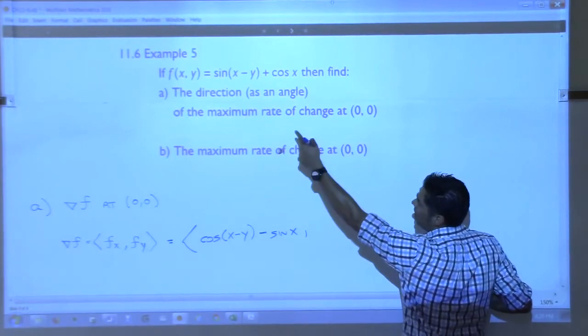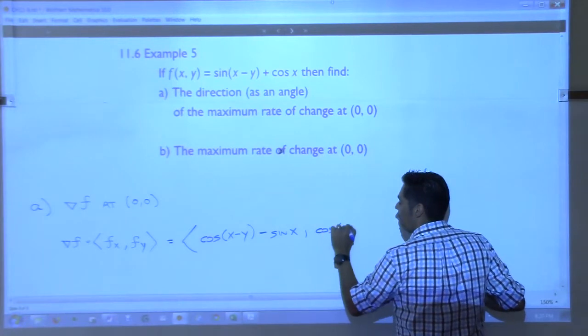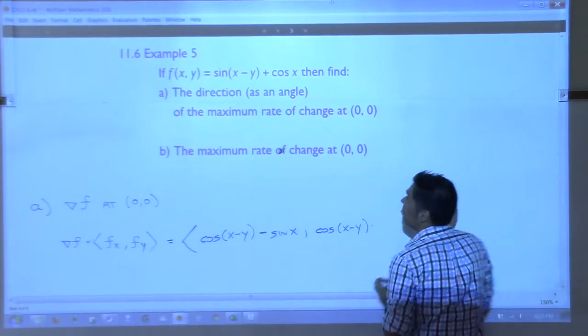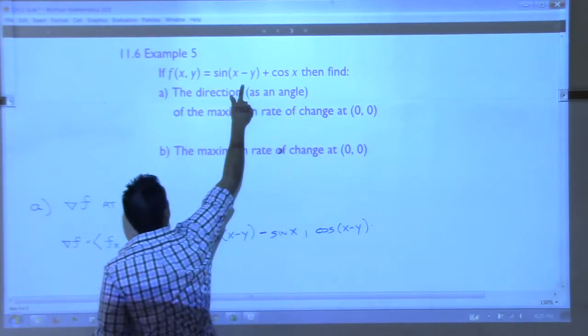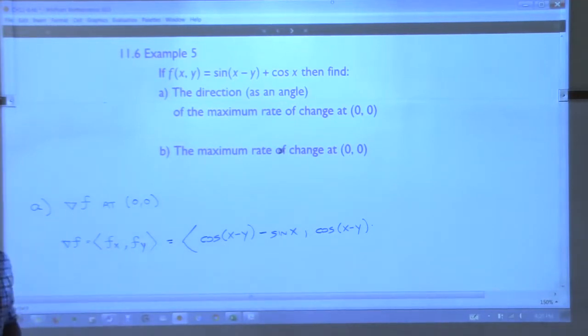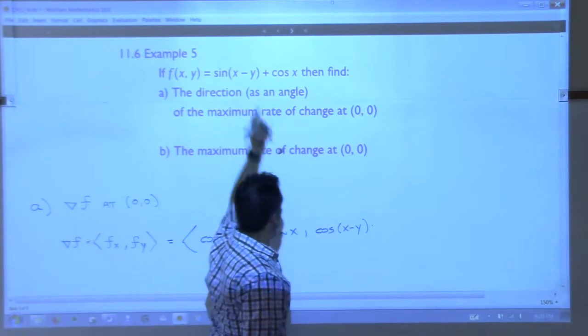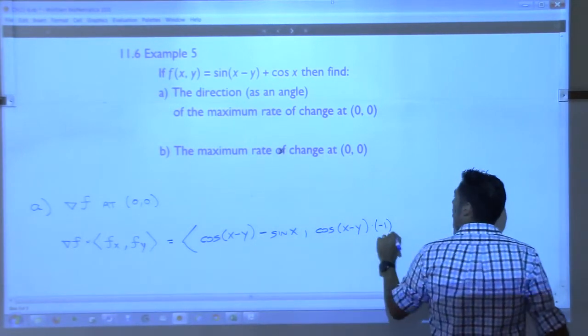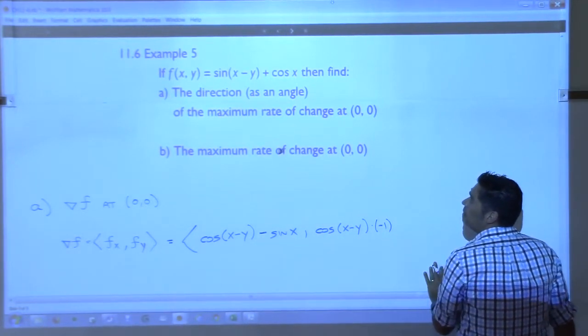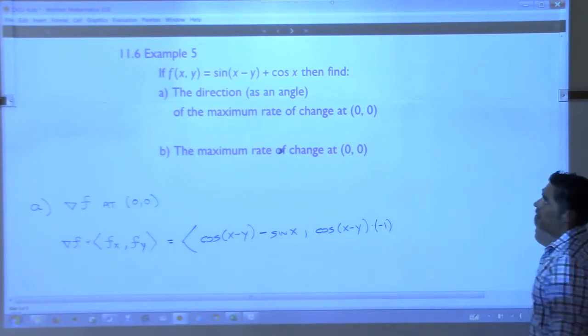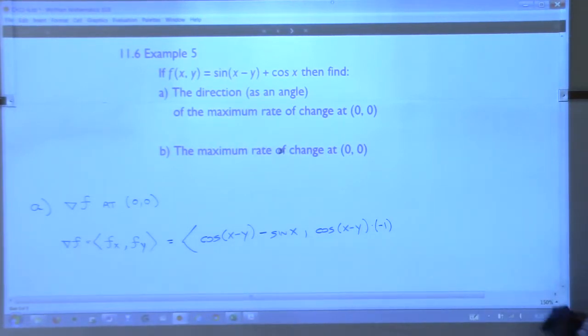The derivative of sine of something is cosine of that. What's the derivative of what's inside with respect to y? Negative 1. Be careful on that one because you're taking the derivative of both of those. That's 0, and then that's minus 1. And then plus 0, because cosine of x is a constant. That's your gradient vector.